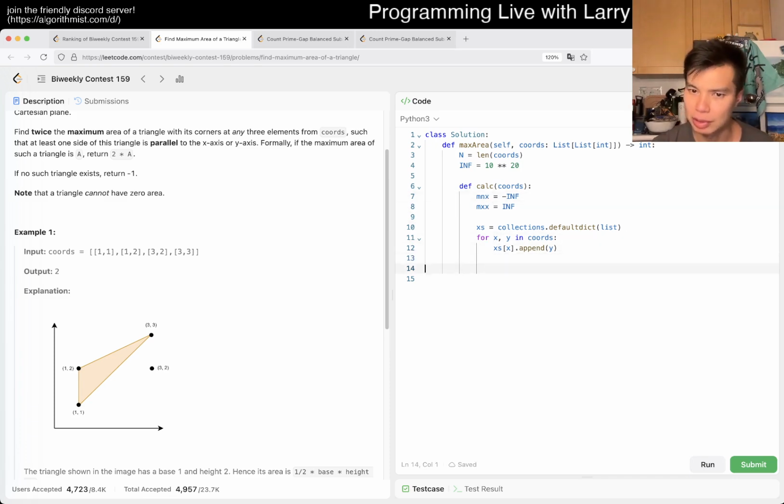It's just so confusing. Then now actually we should do coordinates.sort, because then now min x is just equal to coordinates of 0 or 0. Something like that, right?